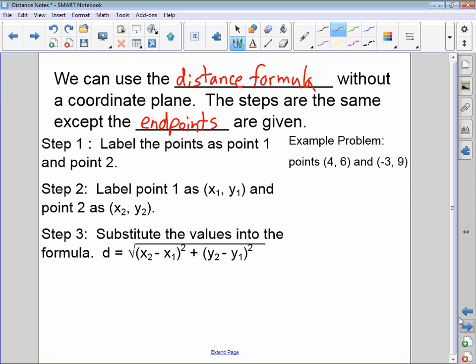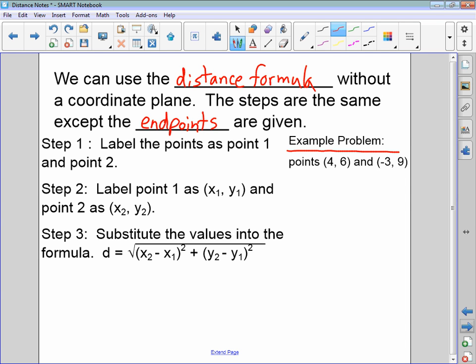Looking at this, we're going to follow very similar steps to what we just finished doing, except that instead of having a graph to check our work using the Pythagorean theorem, we no longer would have that available. So looking here, it says label the points as point 1 and point 2. We have an example right here. We're going to work through that example right here on the side and through the next page.